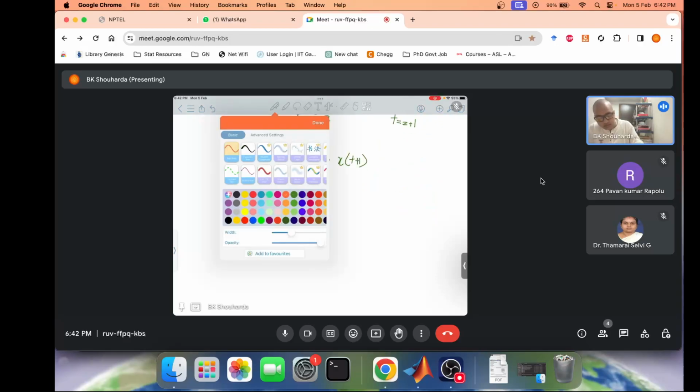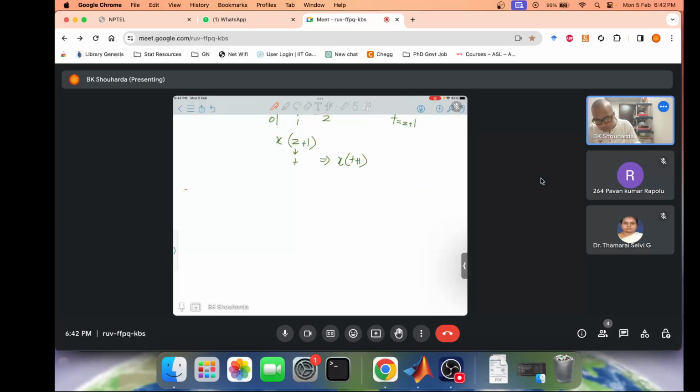Then we move to another question. Question number 7. We are given x of t. x of t starts at 1, ends at 2, and y of t starts at 1 upon 3 and ends at 2 upon 3, so this is 1.